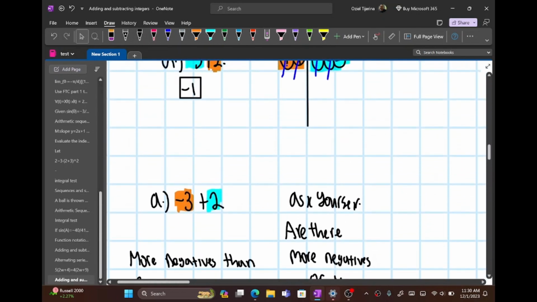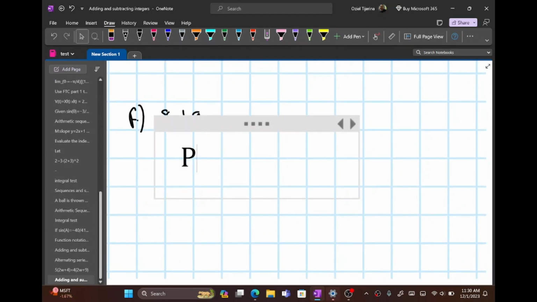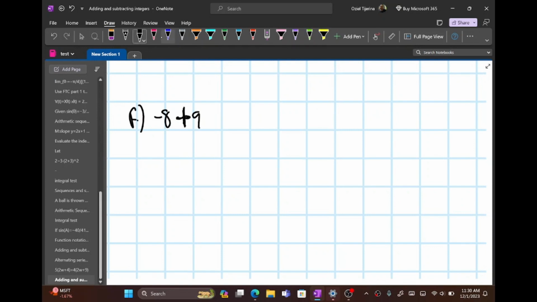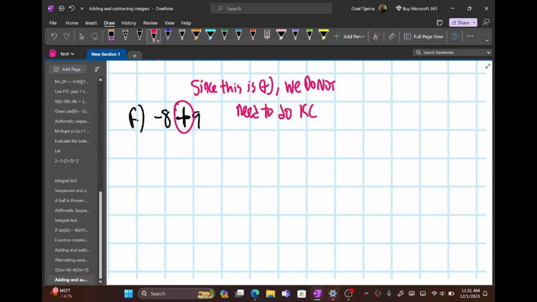Give me 1 second, guys. So part F says negative 8 plus 9. Again, we don't have to do KCO here because we already have a positive. Since this is positive, we do not need to do the KCO chart.